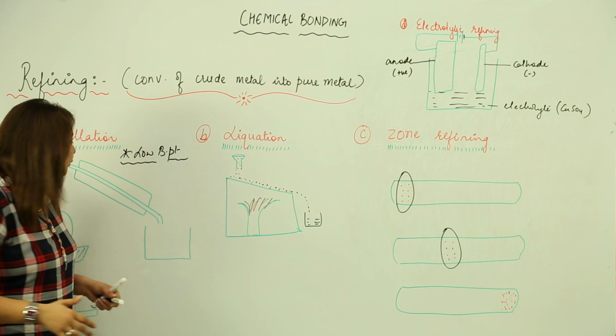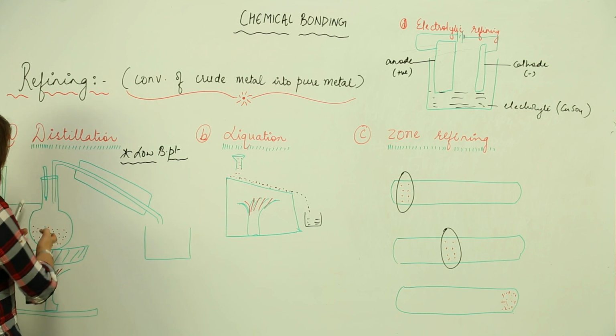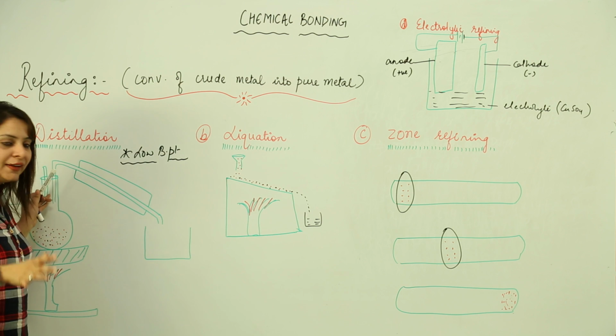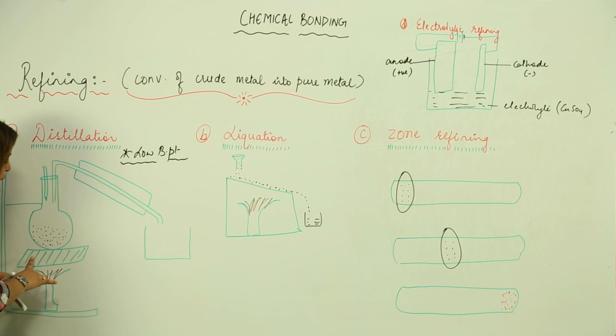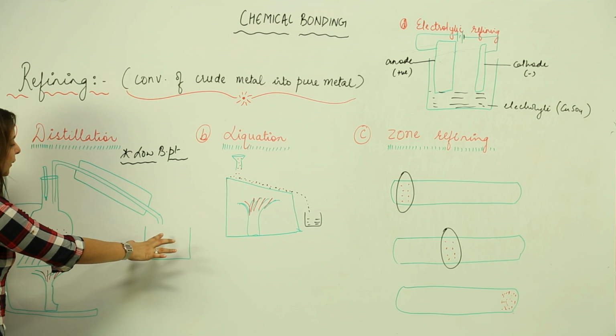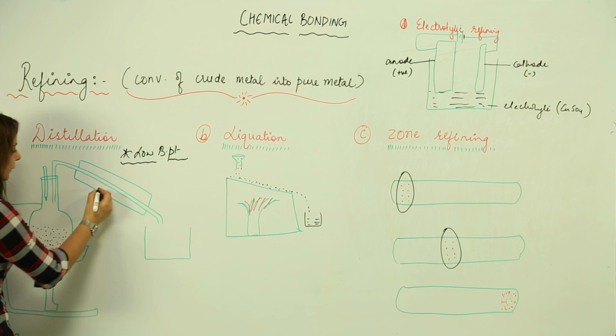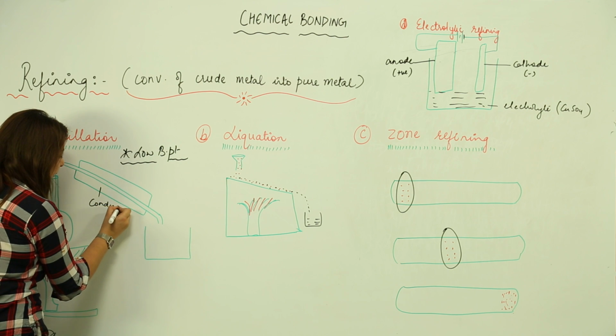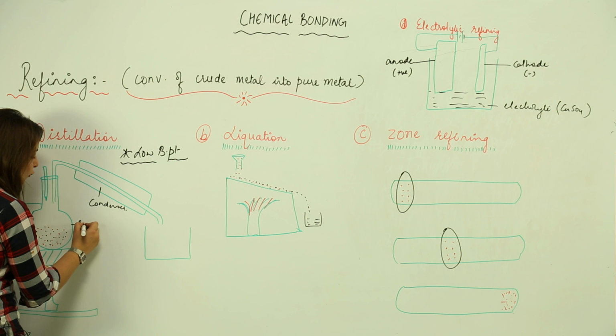So see how we are going to do this distillation. This is my distillation flask, a round bottom flask, as you can see. This is a wire gauze, this is a burner I have kept, and this is my stand. This is a tube leading to another beaker, and here I have a condenser.